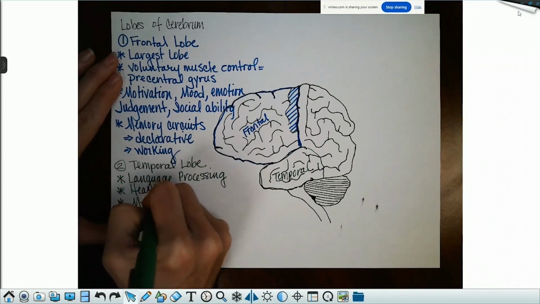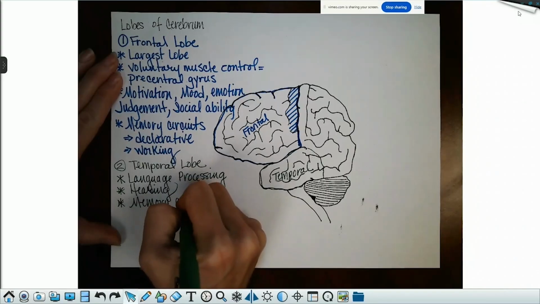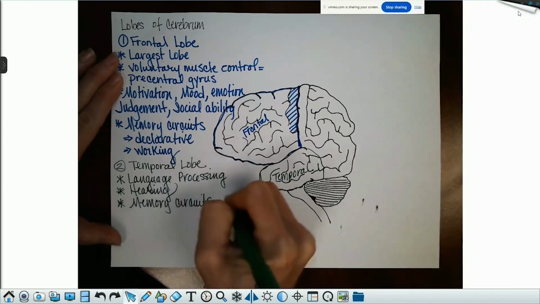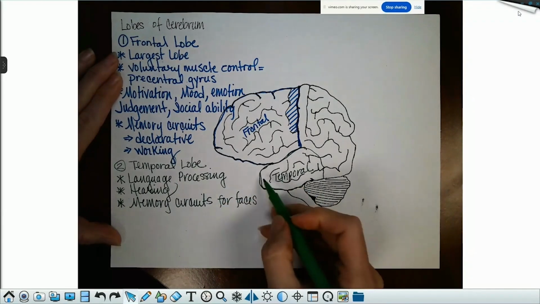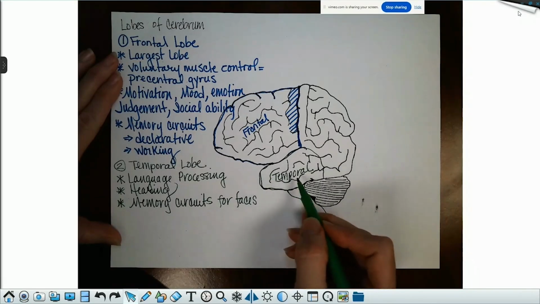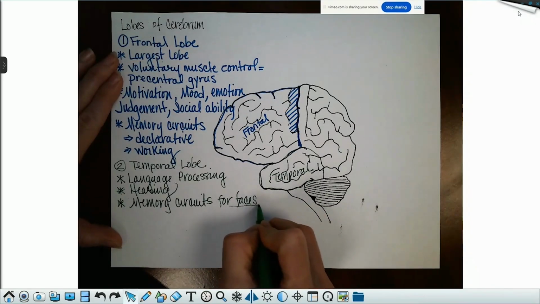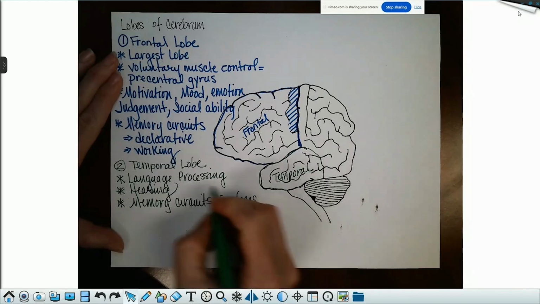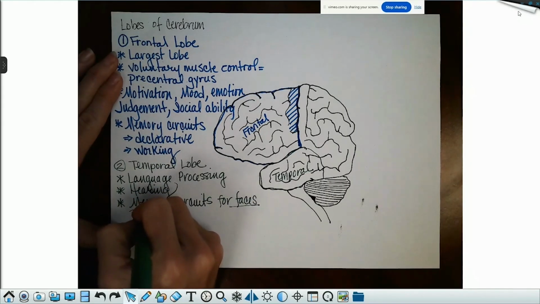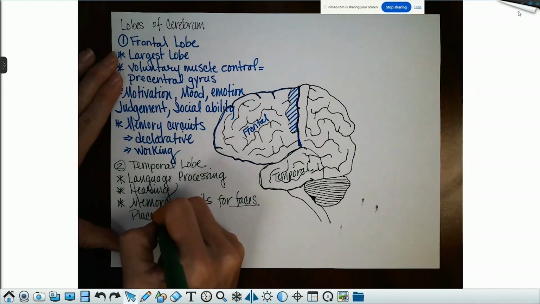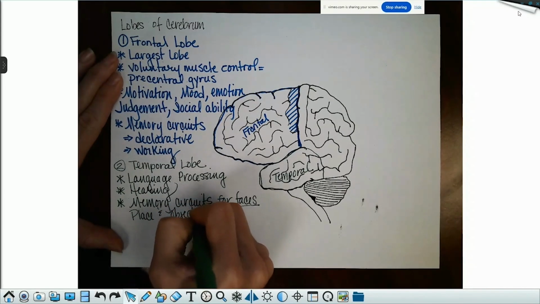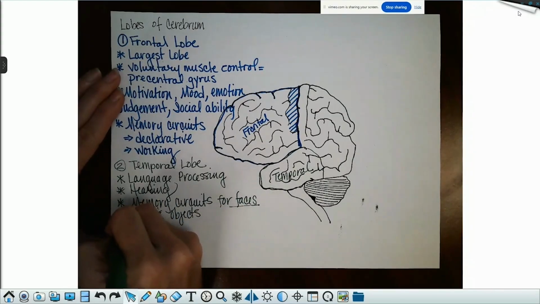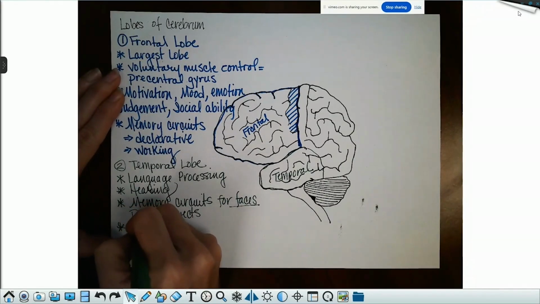It has memory circuits for faces. So there's a very specific place in the temporal lobe. It's towards this anterior and medial portion of the temporal lobe, and it's very involved in face recognition. So other memory circuits are, again, for declarative information, so places and objects. It is also involved in procedural memories.